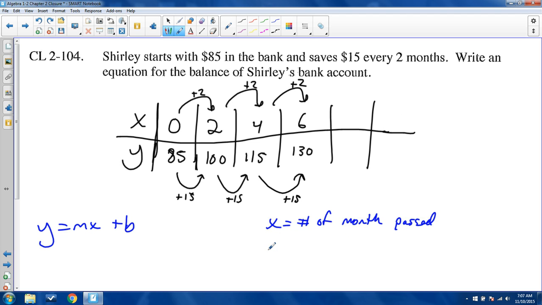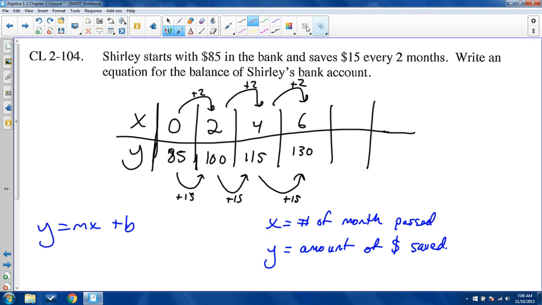And y is going to represent the amount of dollars saved. Okay, so I'm not going to graph this, but on a graph, you would be starting at the point 0, 85, meaning your y-intercept is 85. And every 2 months, you gain another $15.